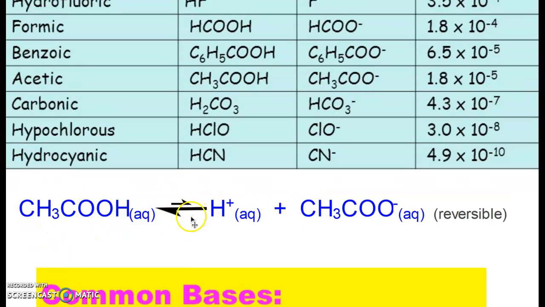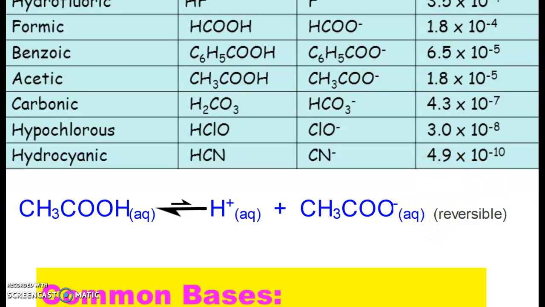Weak acids go both directions, right? It exists not in 100% products. It exists in some reactants, some products. Here I've drawn it out. This is acetic acid. I drew it out where it lies. It lies more to the left, or as reactant, the big arrow there, than it does as products, the little arrow there, right? It's definitely reversible.